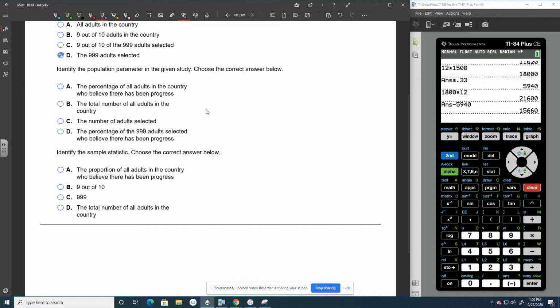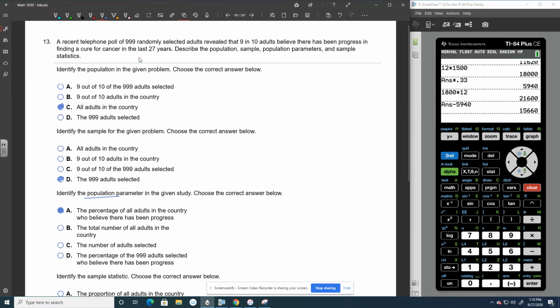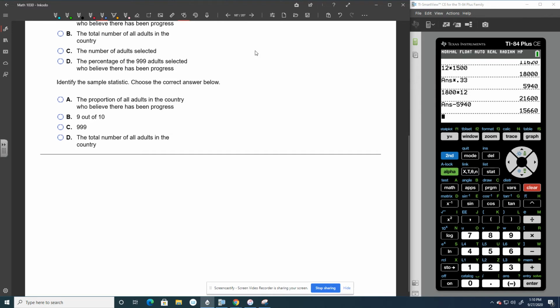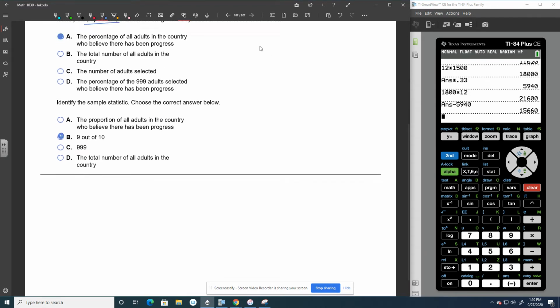We're looking at the percentage of adults in the country who believe there has been progress. Well, sorry, this is the population parameter. We are looking at everyone. The sample statistic is, out of those 999, how many believed that was true? And it tells us that 9 out of 10 do. So our sample statistic is 9 out of 10.